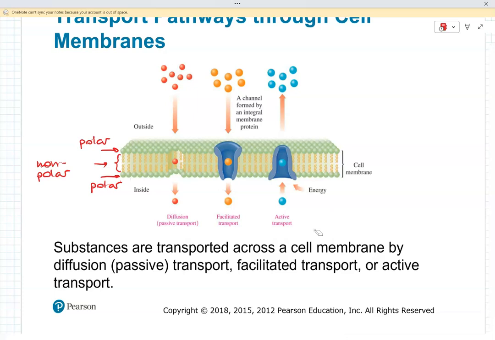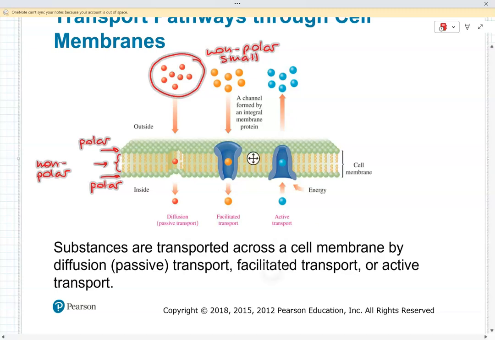On the outside and inside it's polar, but the inner layer consists of these fatty acid tails, okay? Which means if molecules are to cross the membrane directly, they have to be nonpolar. And they have to be small. Am I making sense? They can cross the membrane directly.